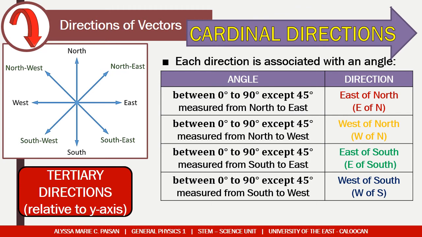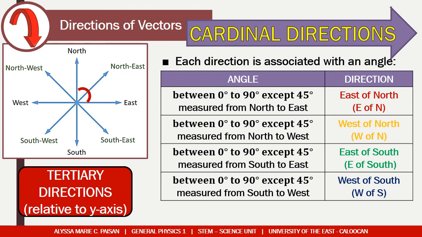So ano yung difference nila? The difference is that this time, we measure relative to north and south, because remember, north is the positive y-axis and south is the negative y-axis. Again, I will show some lines, animation that will show you the rotation. So, pag dun sa east of north, it starts from the north, as indicated by the red curve.